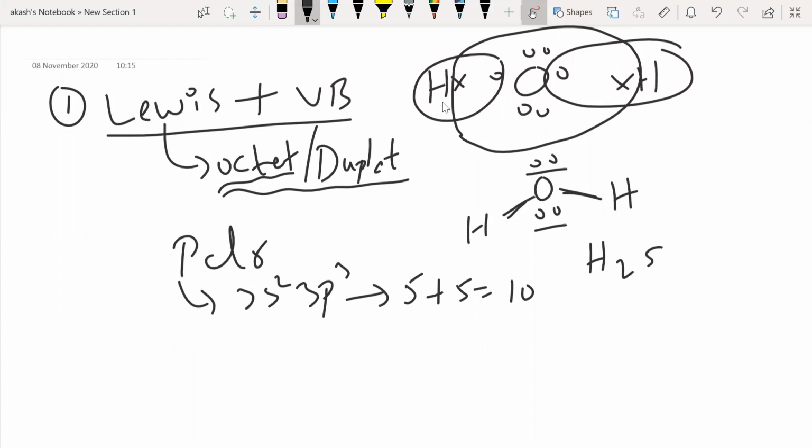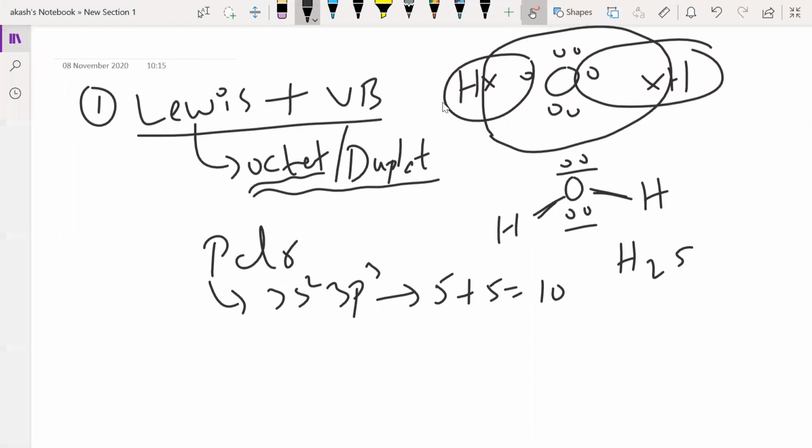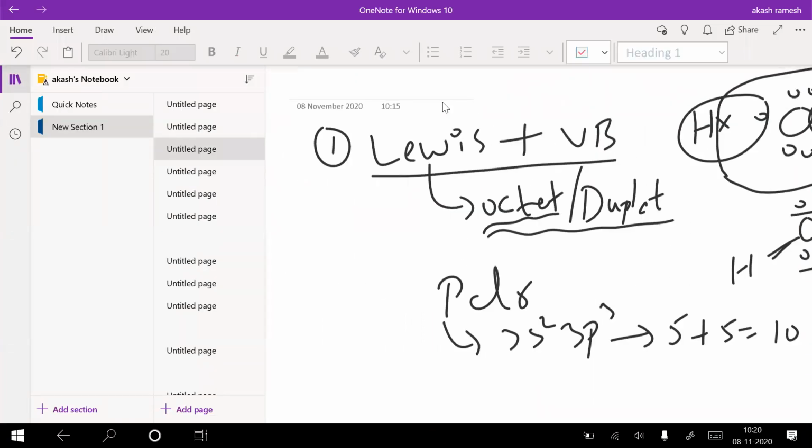Okay. So is there any example for elements having less than 8 electrons in the valence shell? LiCl, for Li, see, for Li, duplet is satisfied, is it not?